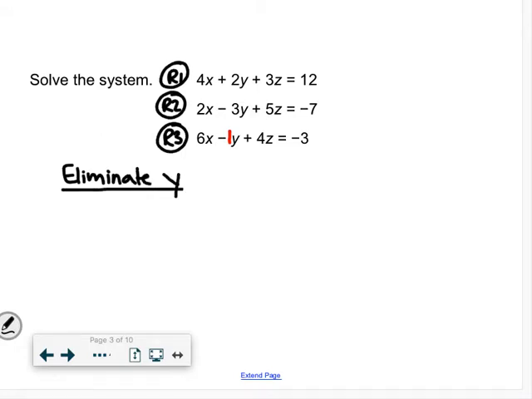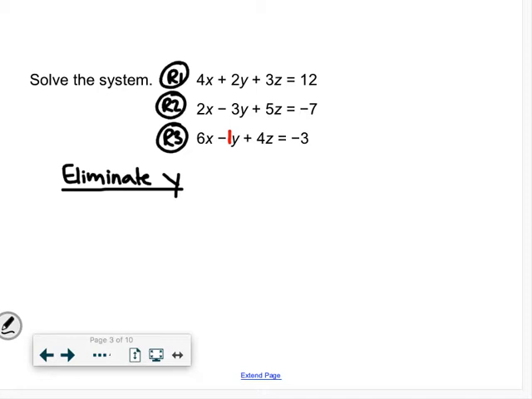And this is sort of the reason why there's so much more work involved in a 3 variable system. You can still only work with 2 equations at a time. So we're going to eliminate y in which 2 equations? We want to do R3 and I heard Rihanna said R2.